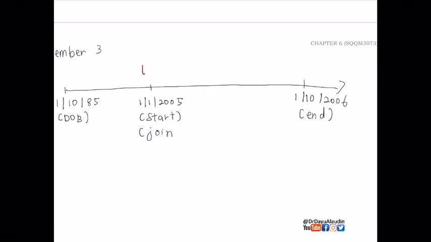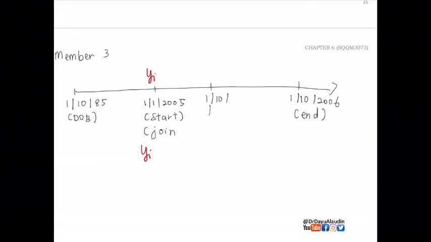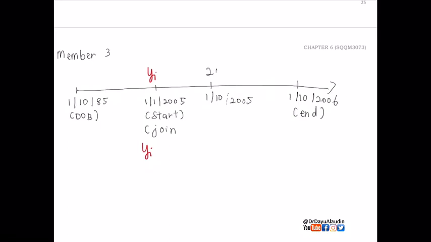So yi is until 1st October 2005, his age is 20.